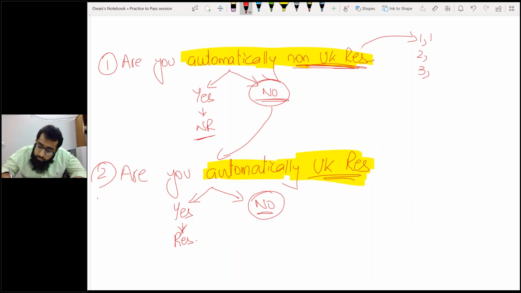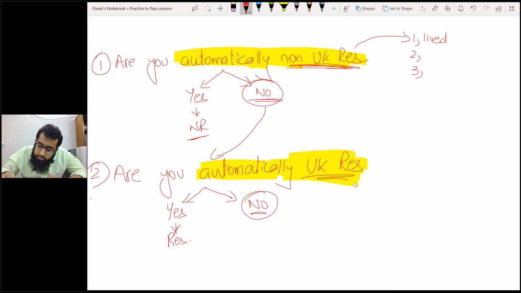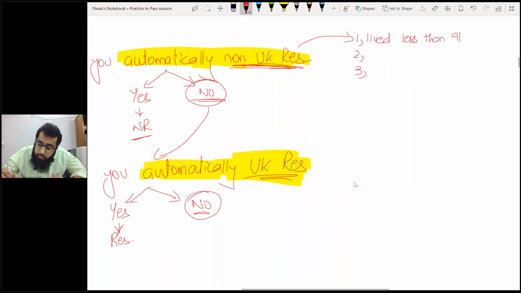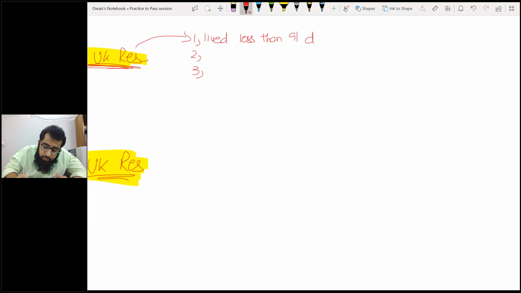Number one, lived less than 91 days in UK, such that the person has an overseas job.